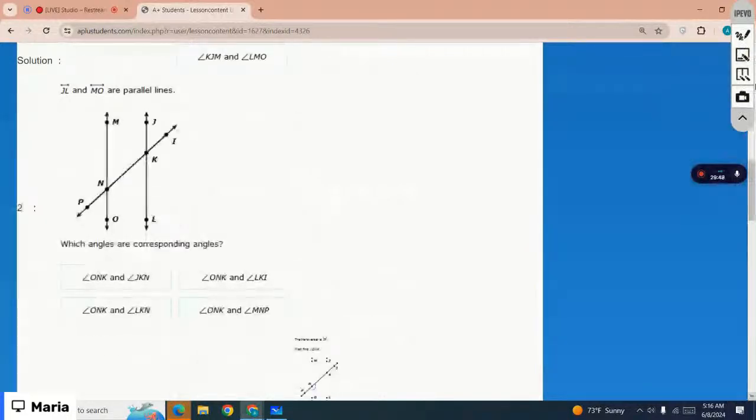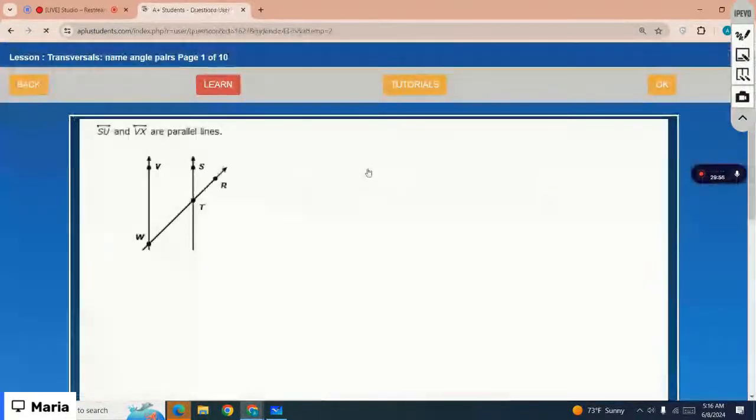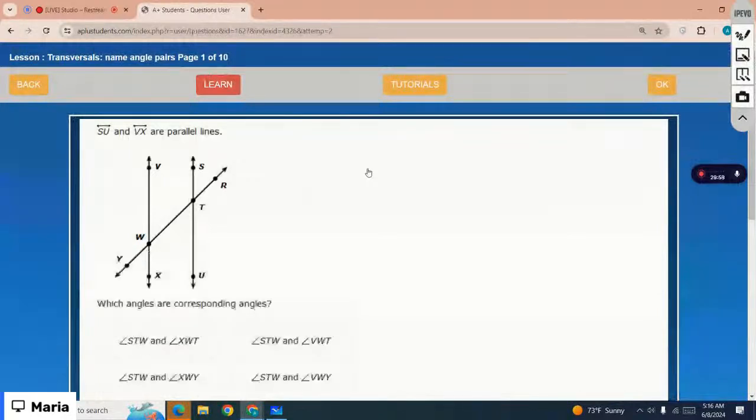Let's just start with the test questions. Okay, SU and VX are parallel lines.